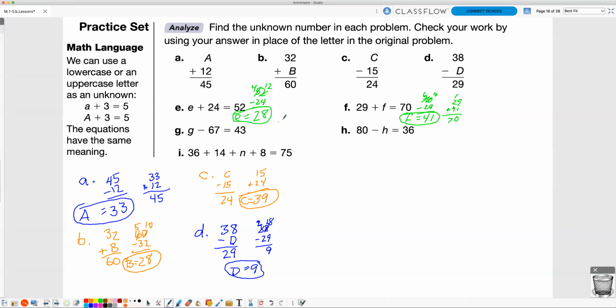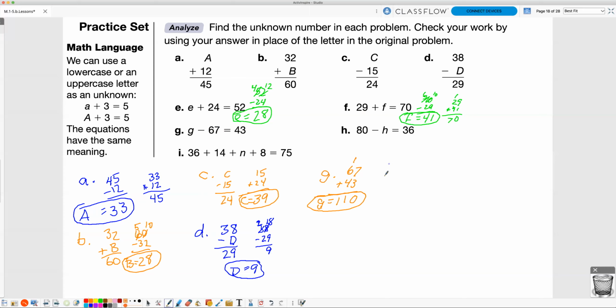So you should have 67. So let me just write G down here. 67 plus 43. This would end up being 10, carry that, and that would be 10. So that means G should equal 110. 110 minus 67 is 43.